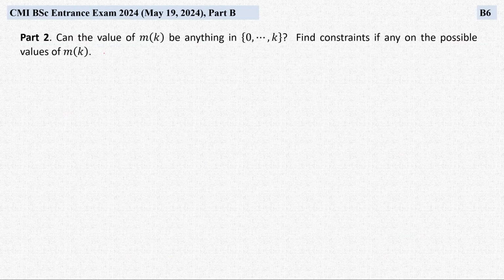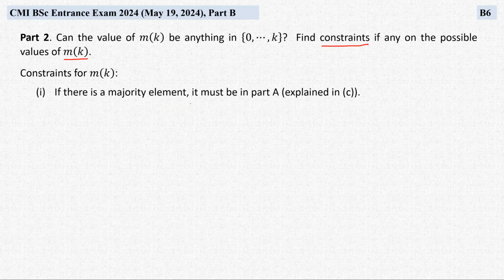In the next part of the problem, finding some constraints on the values of m of k. There are actually several constraints for m of k, and I will explain them one by one. First, from the previous problem C, we have shown that if the majority element exists, it must be in part A. And it is also established in problem B that part A contains exactly m of k elements.